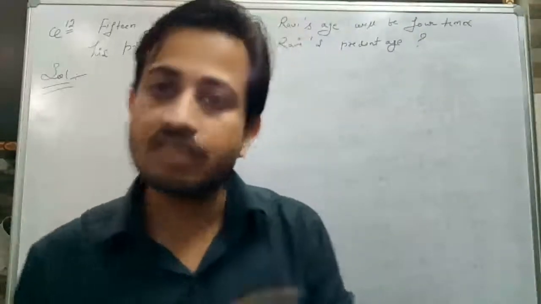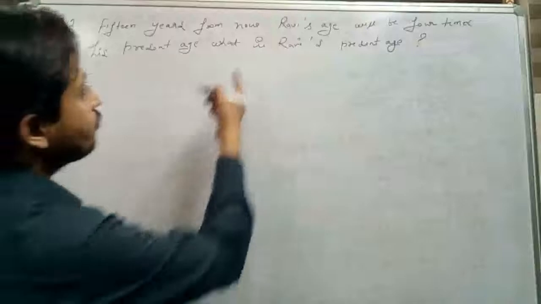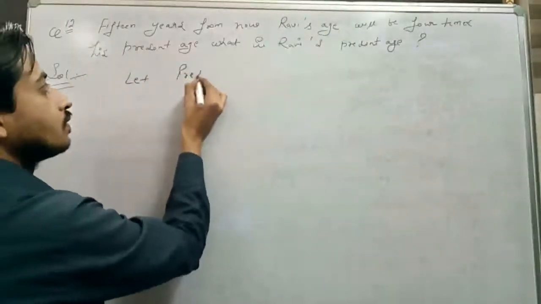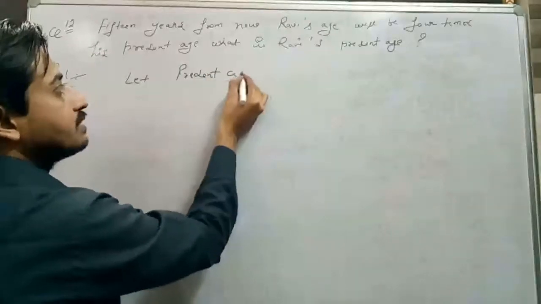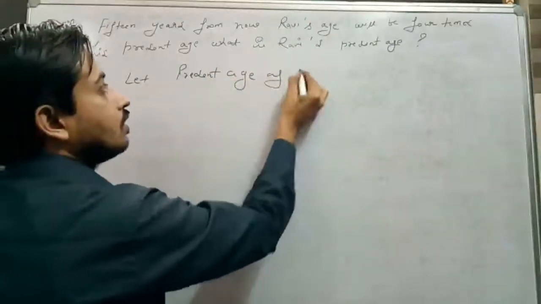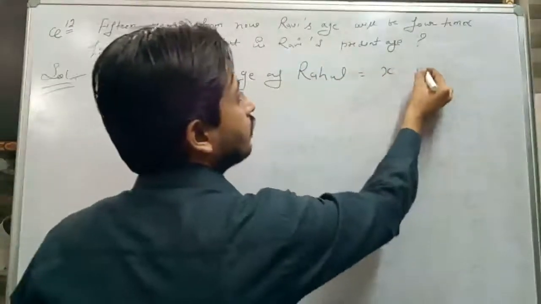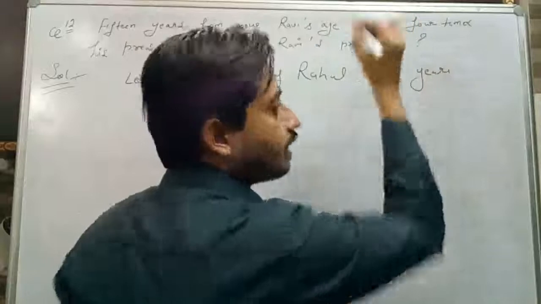So we have to first assume. Let the present age of Rahul be x years.